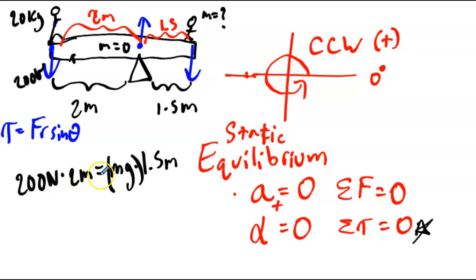So we should get to some point where we say this person on the shorter side has to apply a greater force because they have a shorter distance. That means they must have a larger mass. More mass. Yeah, it should be about 26.6 kilograms.